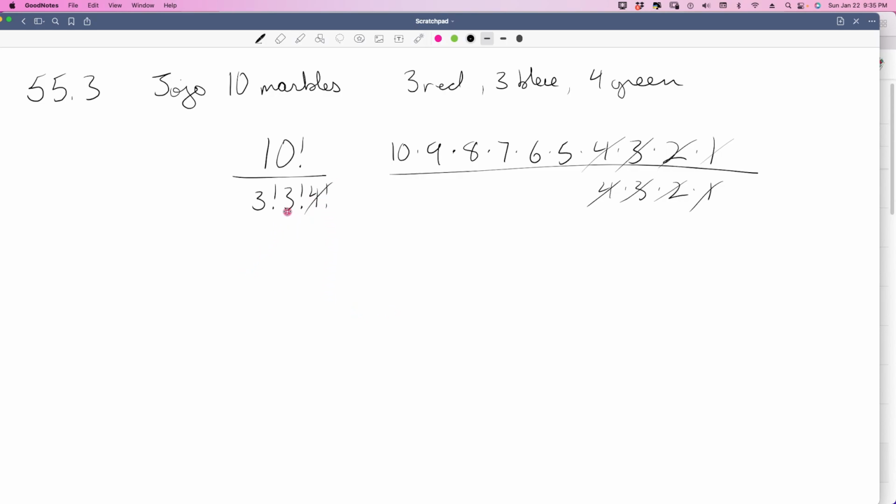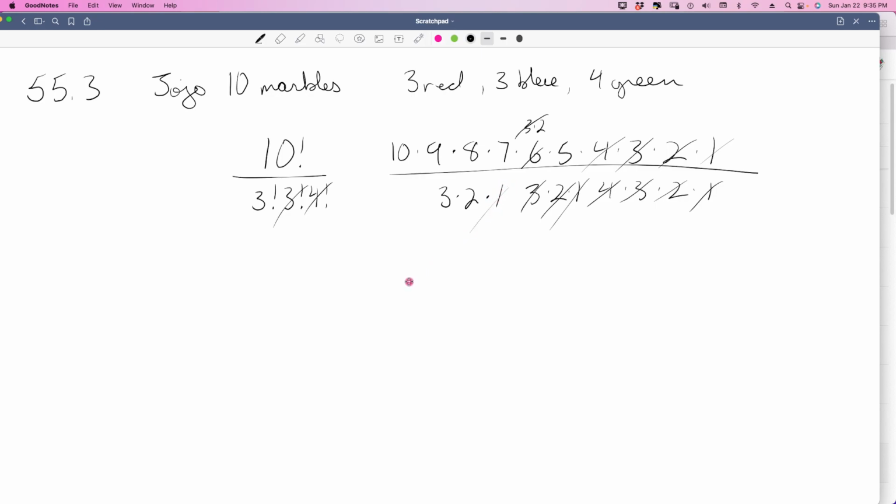So I'm going to take this 3, and I have a 3 and a 2, right? 3, 2, 1. I can take the 1 away. And 6 is 3 times 2. So I can cancel those. That's gone. 3 again is 3 times 2 times 1.